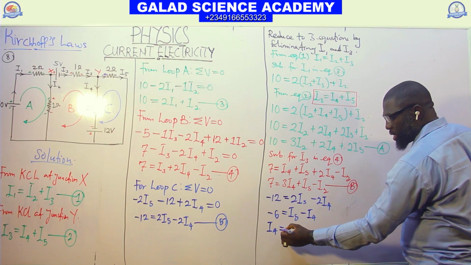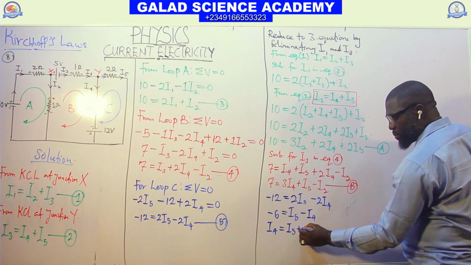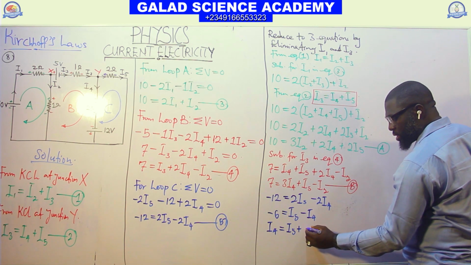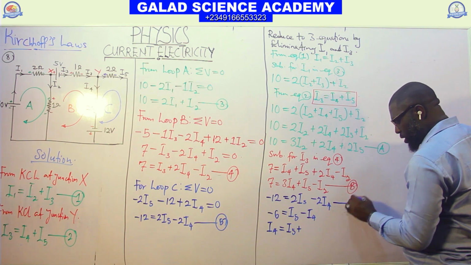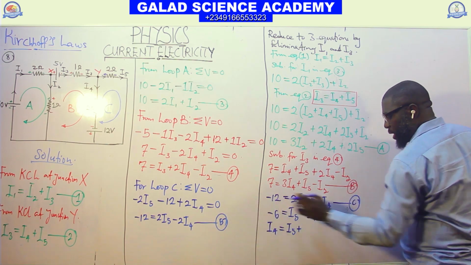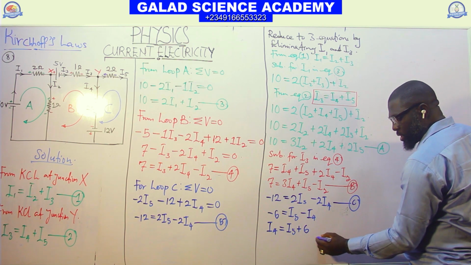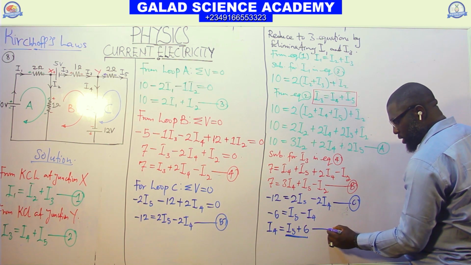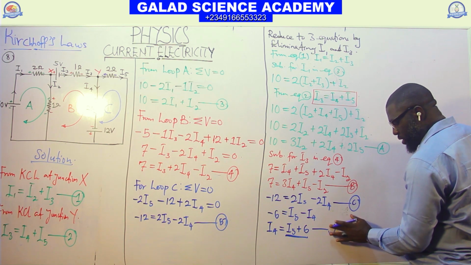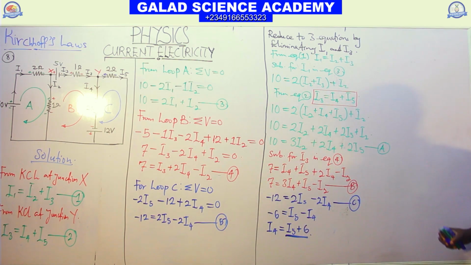I4 here will be I5 plus 6, from equation C. Let me call this I4.